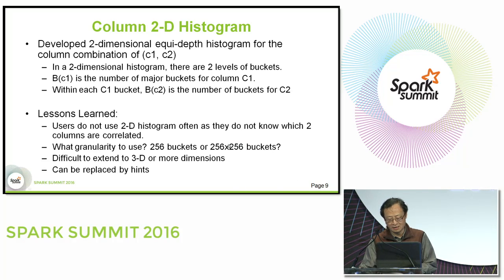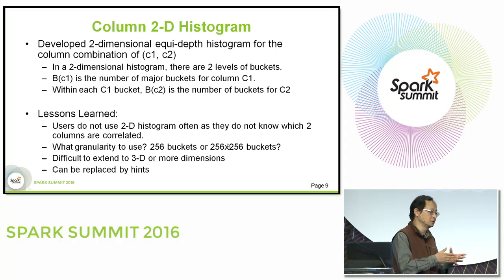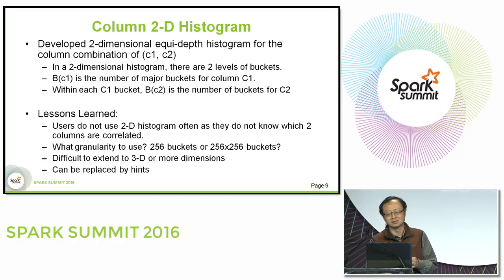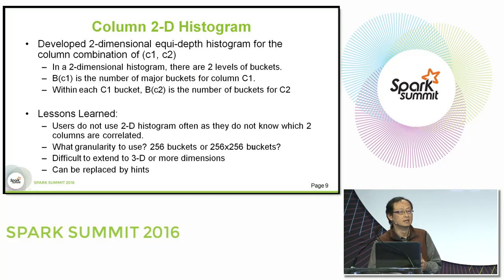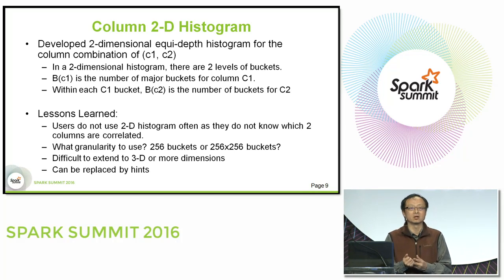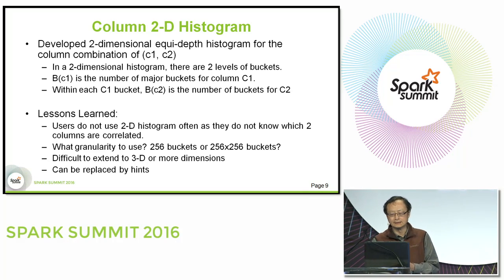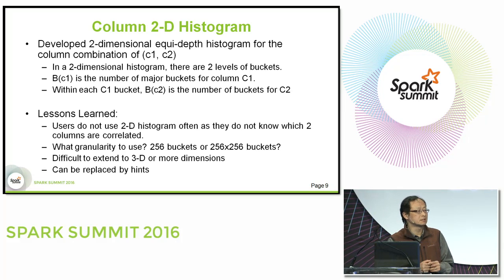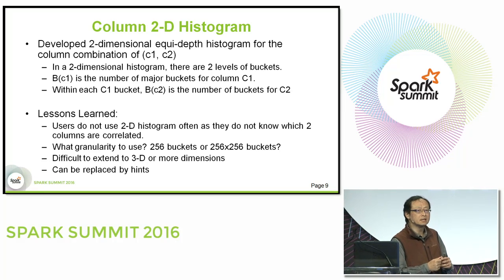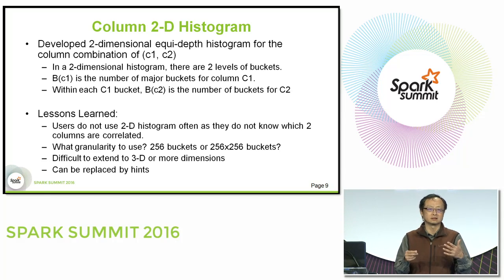But if we still maintain 256 buckets for C1, then for C2, another 256. Then we multiply these two numbers together. Then we need to save lots of information in the two-dimensional histogram. Also, in the real world, sometimes more than two columns are correlated.